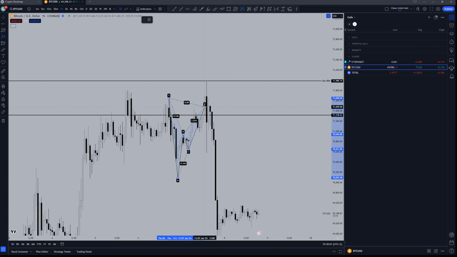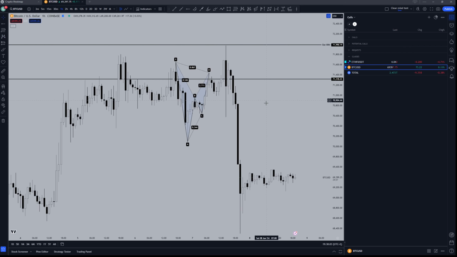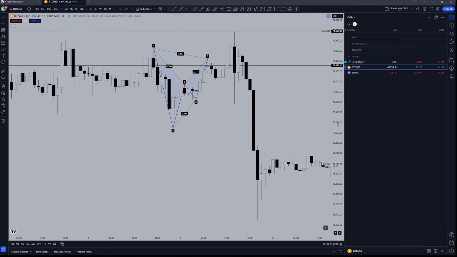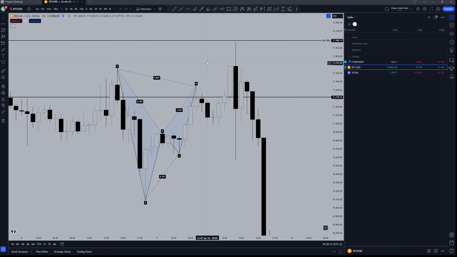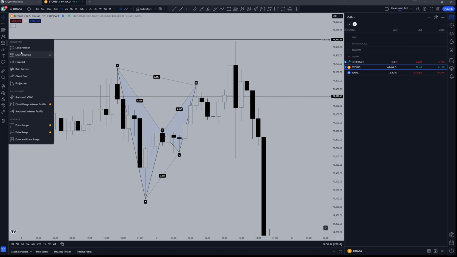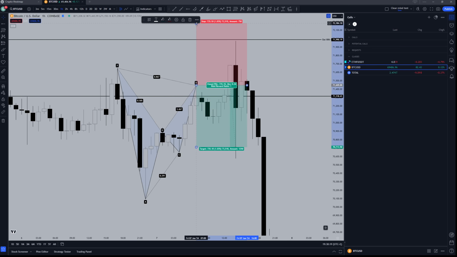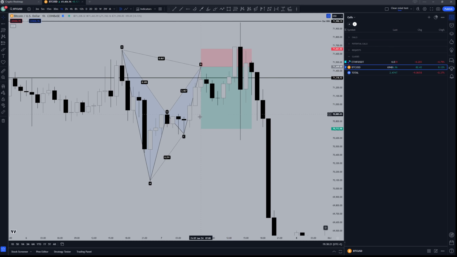And you can try to take shorts based on this. So here you would have a good example of a nearly valid harmonic. It would be valid if you take it on the candle body. This would potentially be a good short. So you can take this as a scalp.